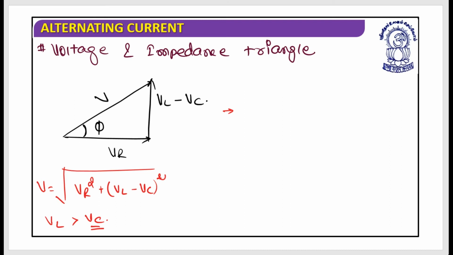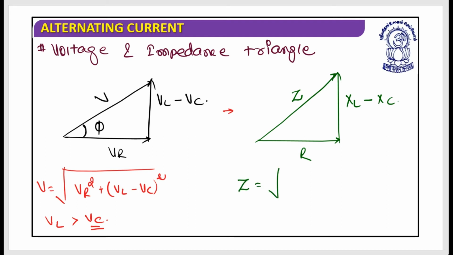From the same triangle I can switch to the impedance triangle, which will look like this. This is R, this is XL minus XC, and this is the Z. So from this, the impedance Z is equal to root of R square plus XL minus XC whole square.